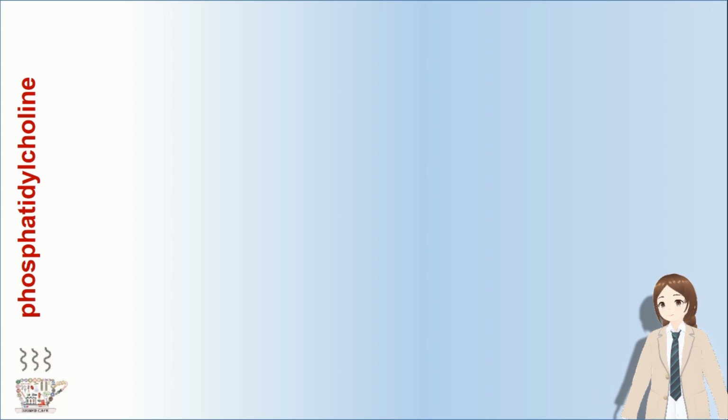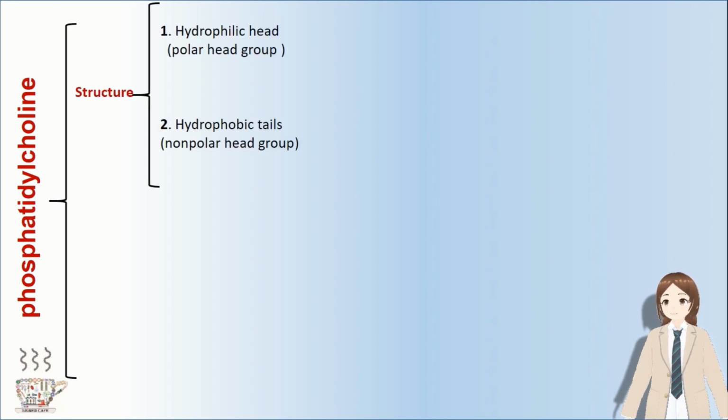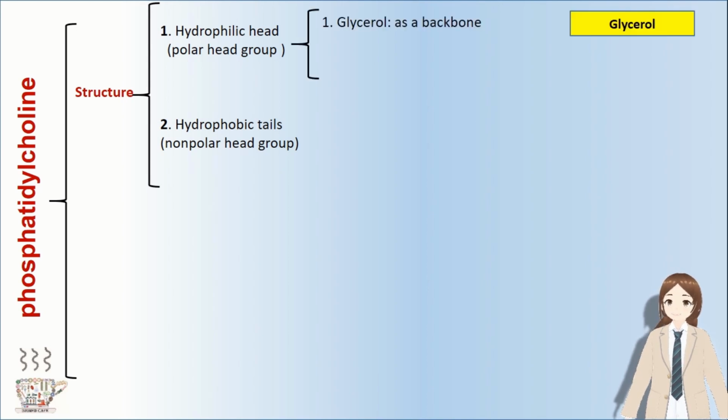Okay, phosphatidylcholine. Like other phosphatidyls, phosphatidylcholine has two parts. The only difference is the head group, which is choline here.